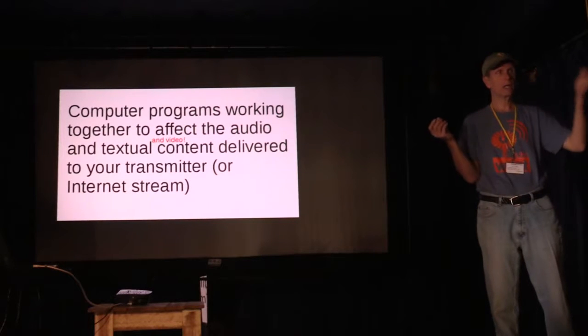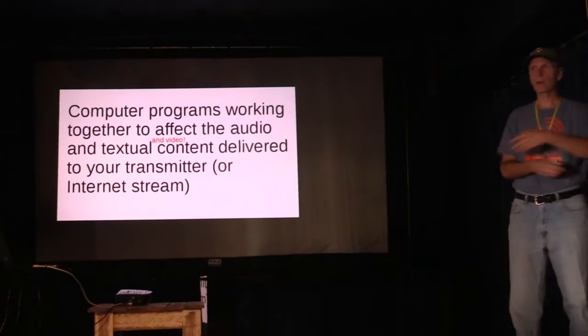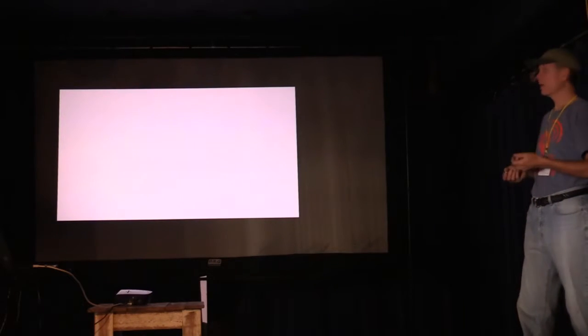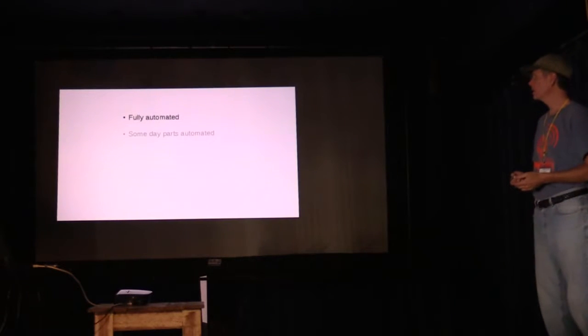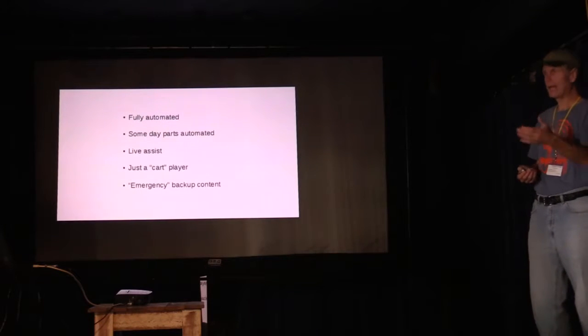So you can switch from one source to another, or you can do lots of different things. Stream control, sure. Satellite control, if any of you are lucky enough to have satellite systems. So automation is more than just playing tracks.